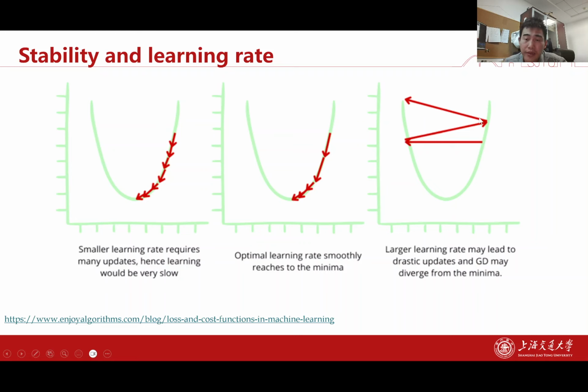During the training, the loss will increase. So this is an unstable case. But if you choose an appropriate learning schedule, meaning it's not too small or too large, it will reach the minimum with much smaller steps.